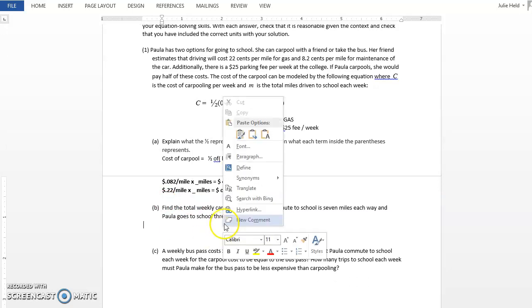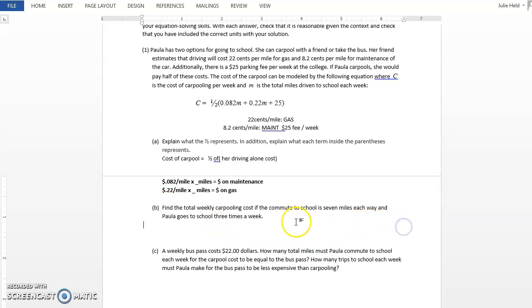Let's go beyond that. What's the total weekly carpooling cost if the commute to school is 7 miles each way? So M is miles, right? If it's 7 miles each way, and she goes to school 3 times a week, then I'm wondering how many miles does she drive in a week?